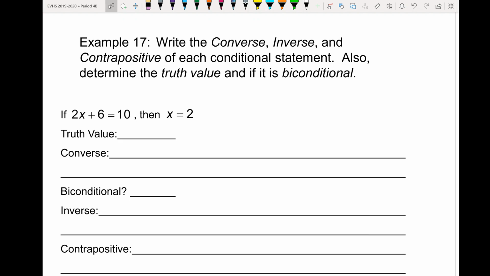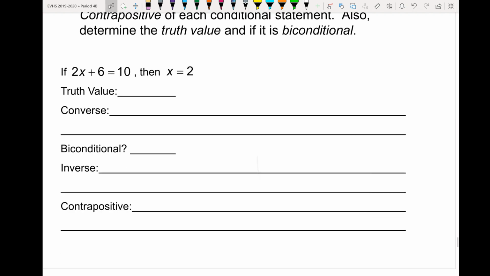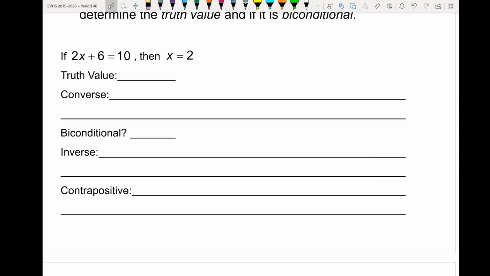If 2x plus 6 equals 10, then x equals 2. First off, is that true or false? True, but it can be false. It can be false? How? You can put it as a fraction. You can put 2 as a fraction, 2 over 1, but it's still going to be true, though.